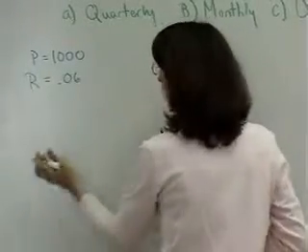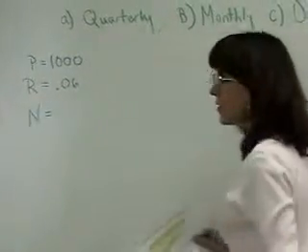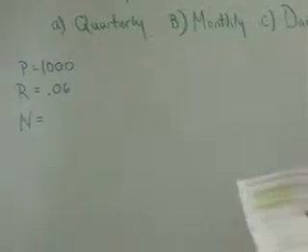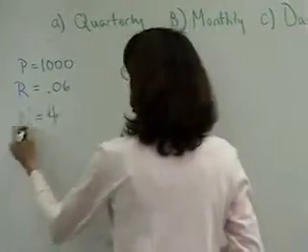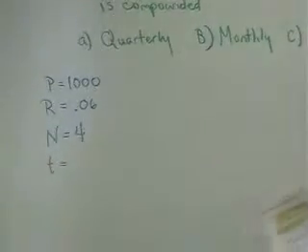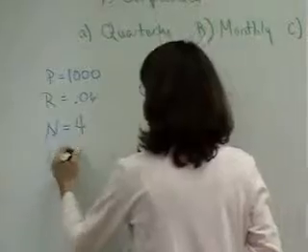What is N? We are compounding quarterly. N is 4. Okay, what is T? After 10 years. T is 10.